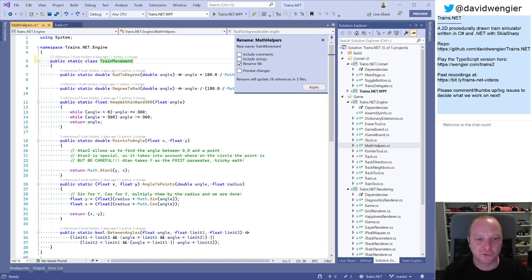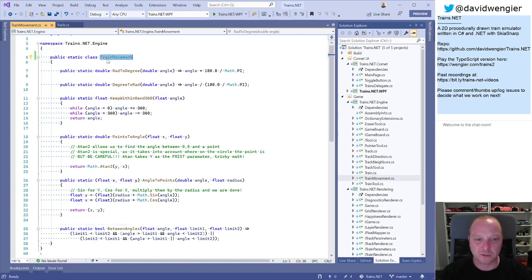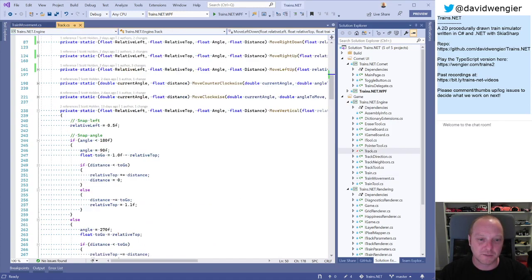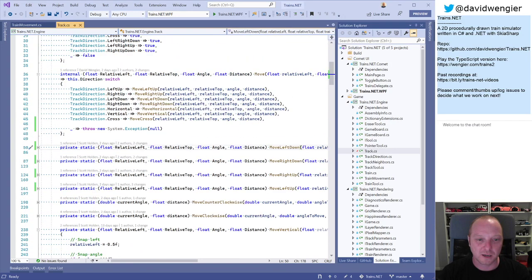I'm just going to call it train movement. Oh! It renamed the file for me. Did I just press yes to a dialogue and not notice, or is that new? Interesting. Anyway, I think I'm going to put all of these methods in here as well.